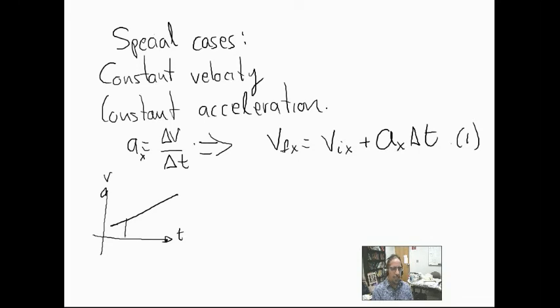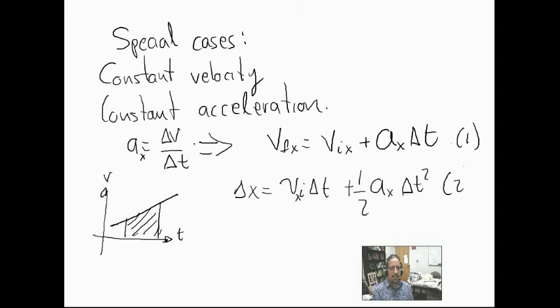If you take that area for a given interval, you obtain it by summing a rectangle and a triangle, so you would get that delta x is equal to v initial x delta t plus 1/2 of acceleration times delta t squared. So that's equation number 2. The second term comes from the triangle, and the first term comes from the rectangle.